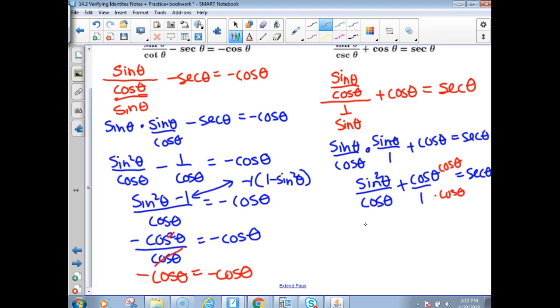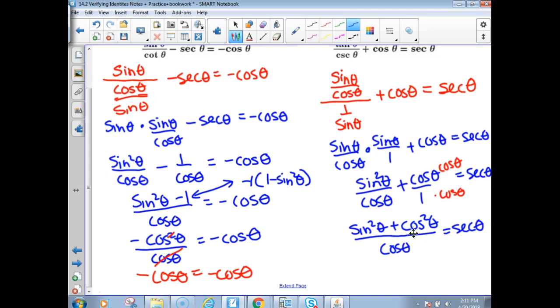Now I'm going to show this next step where I'm going to add, since I'm going to have the same denominators, I can go ahead and show adding the numerators. Sine squared theta plus cosine times cosine, cosine squared theta, all over the denominator, cosine theta, equals secant theta. Now, on the left-hand side, what can I do for a trade?